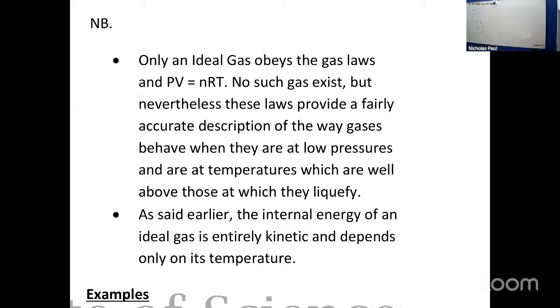The sum of its kinetic and potential energy, right? But in an ideal gas, is there any potential energy? No, it's purely kinetic. All right. So we're going to work on this in a little while. Before we do that, does anybody remember how to explain why pressure goes up if temperature increases?